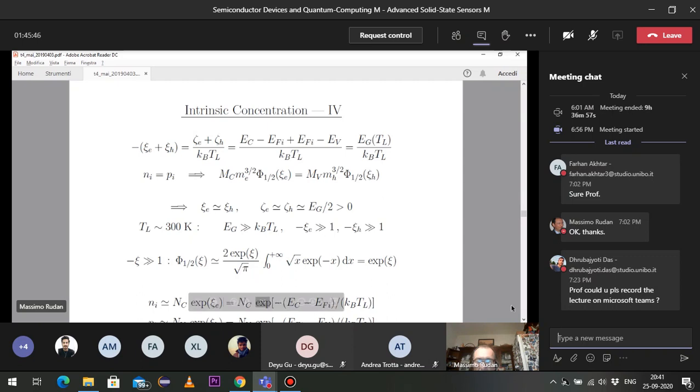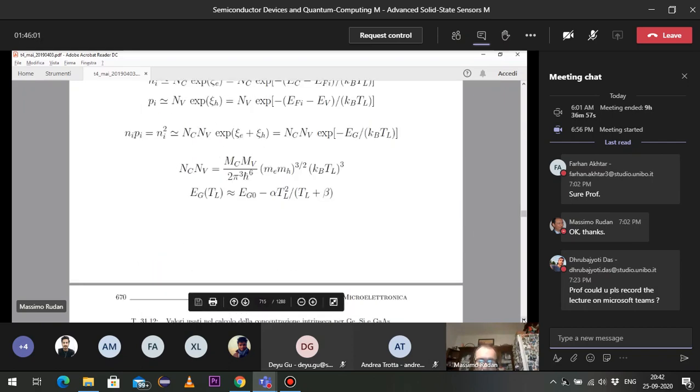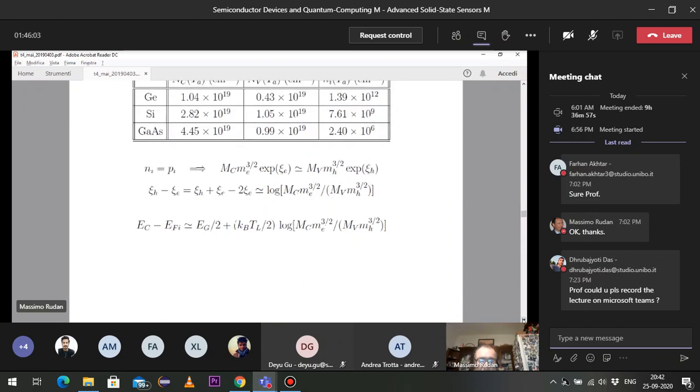Now we can repeat the calculation more exactly by using the exponentials instead of the Fermi integrals, but we keep the coefficients. So we make a more precise calculation of the position of the Fermi level. We repeat the analysis. We impose Ni equal to Pi.